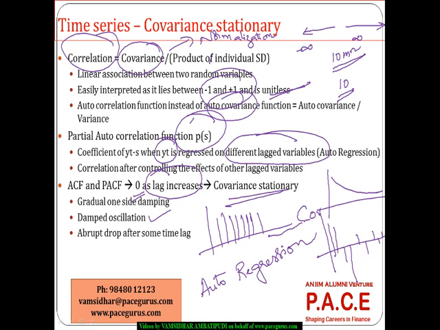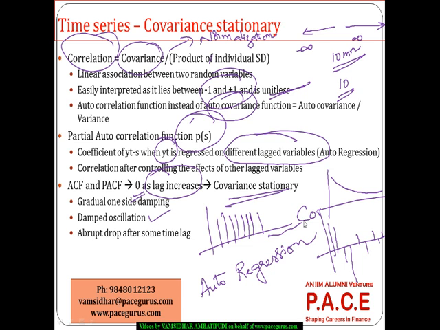That is one more important characteristic: as the lag is increasing, I want my autocorrelations to come closer and closer to 0. Similarly, the partial autocorrelations also should come closer to 0. That is the understanding of the covariance stationarity present in the data.